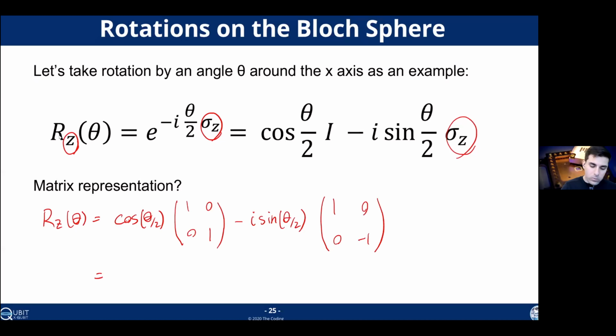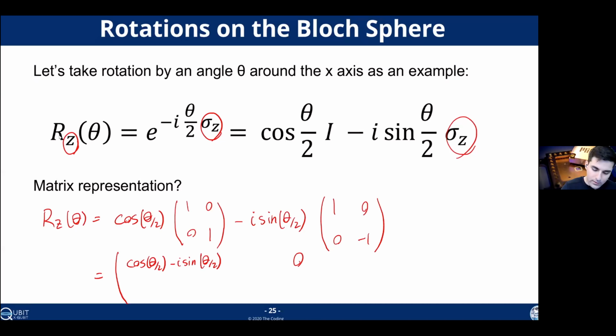So what I end up with here is that for the first element, I'm going to have cosine of theta divided by 2 minus i sine theta divided by 2. Now the 0, 1 element, the off-diagonal element, will just be 0.